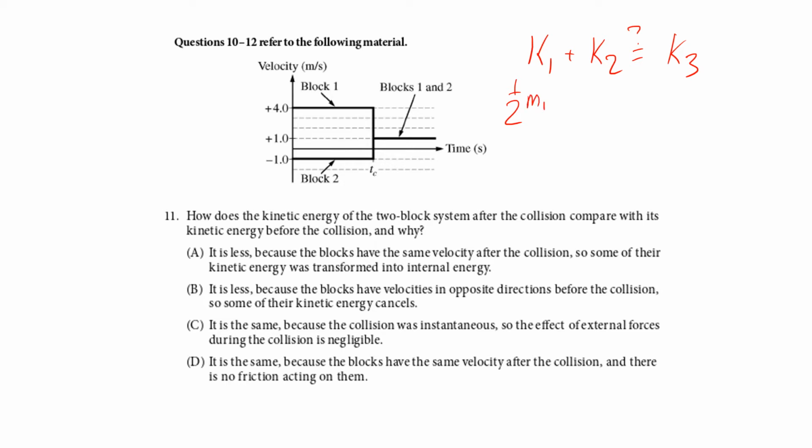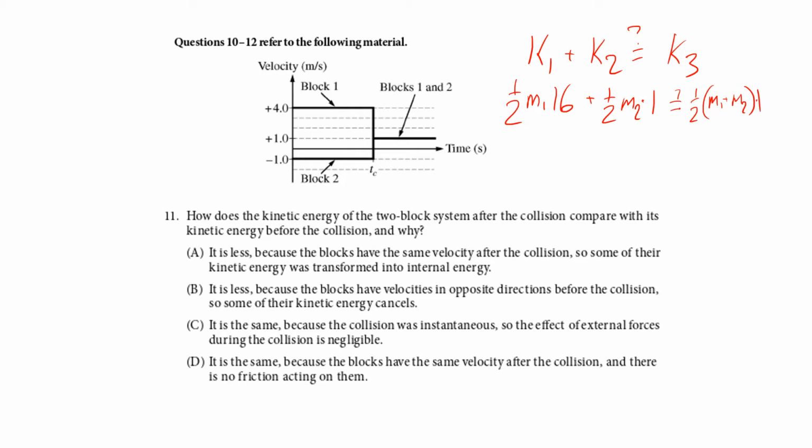So it's just m1, that's all we know, but we know its velocity is 4, so squared is 16, plus 1/2 m2 v squared, which is 1 times 1. This is equal to maybe 1/2, and then we have to put them together here: m1 plus m2 times its v squared, which is 1 again.